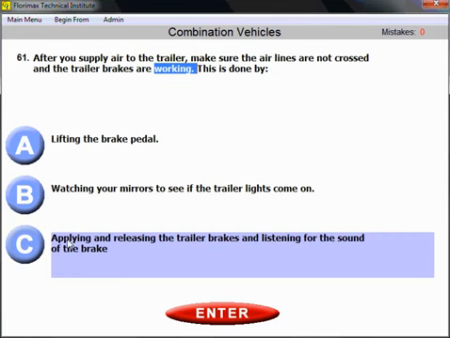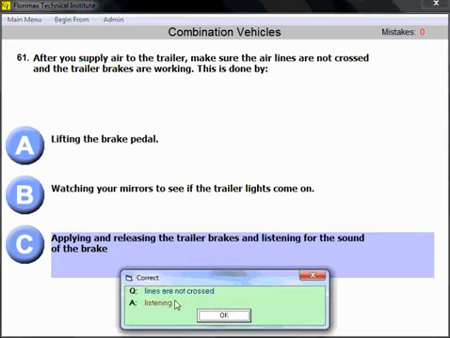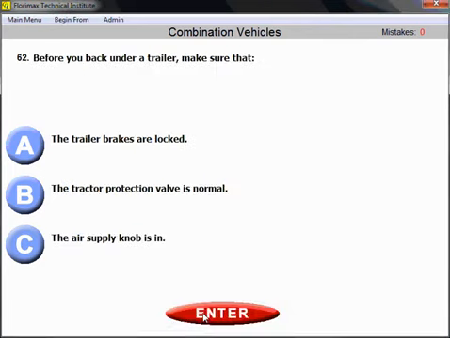With the hand valve, you apply and release the trailer brakes, only trailer brakes, not the tractor, and listen for the hissing sound of the trailer brakes. Okay? So again, after you supply air, you need to check that they are not crossed. And this is done by applying, releasing, and listening for the sound. That's how trailer brakes are checked.